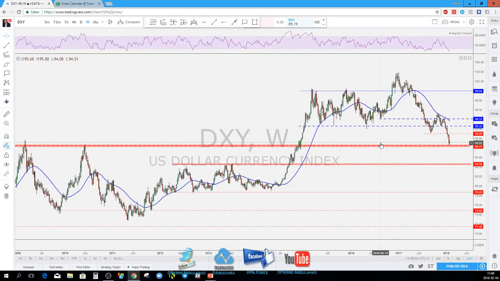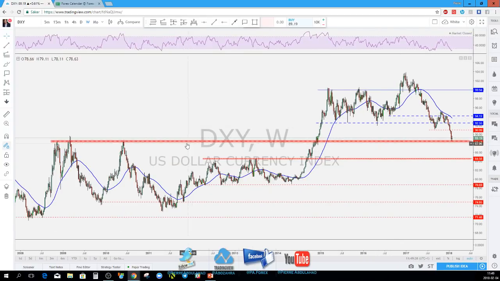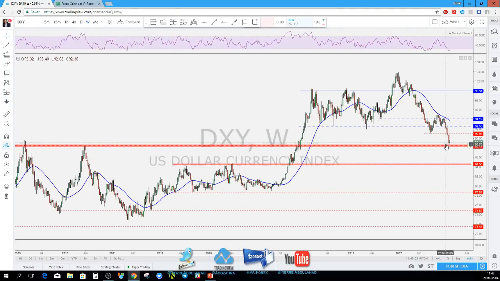But now we did reach a possible level that may act as support. Looking at this structure here to the left, I am expecting that this previous resistance here, this triple top here, to act as possible support level.